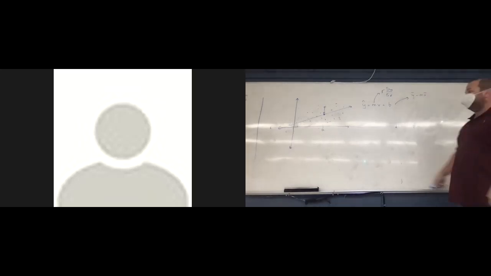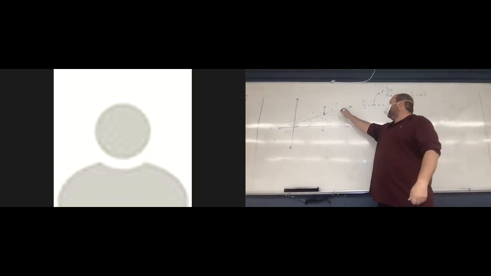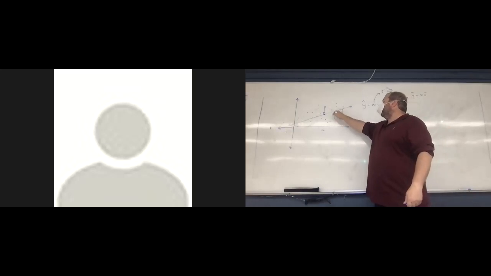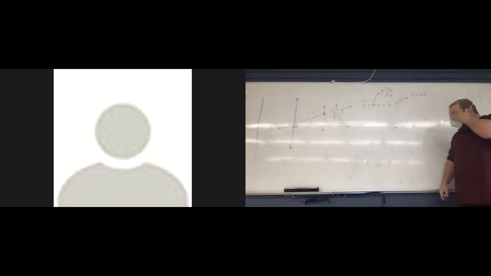Every data point had its own deviation. They should equal 0. No. You square them, you add them all up, and then out of all possible lines in existence, you find the one that gives the smallest value for that quantity, which you don't do by hand.